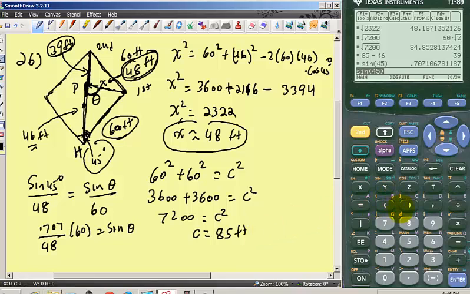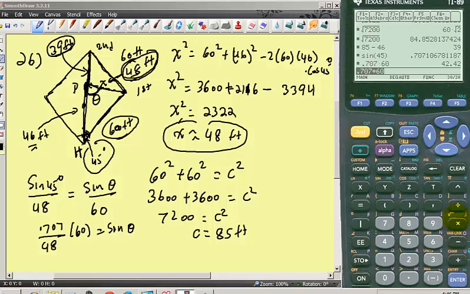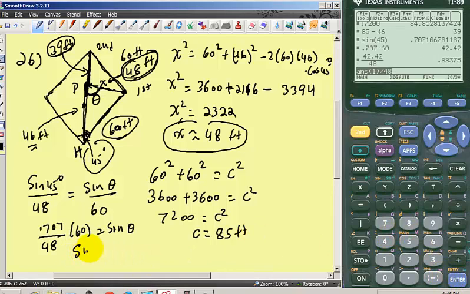So we'll multiply 0.707 by 60, and then we're going to divide that answer by 48. And I'm going to get sine of theta is equal to 0.884.